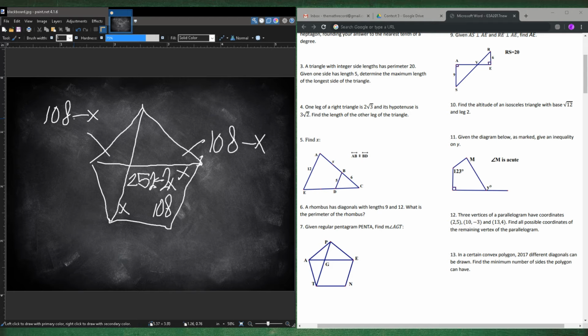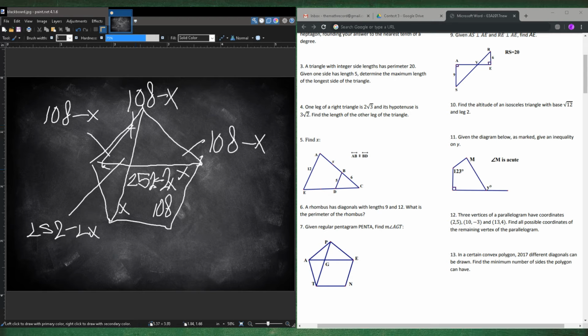Since these two are the same, this is also 108 minus x. And since these two lines make a vertical angle, this angle right here is 252 minus 2x.